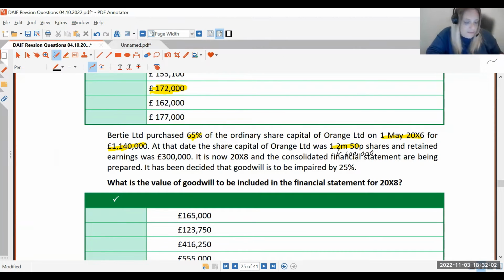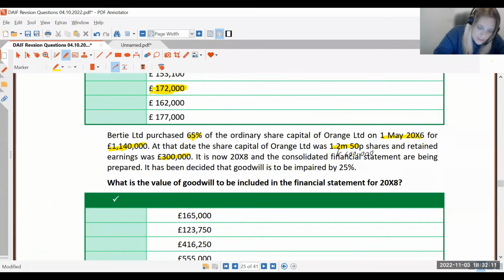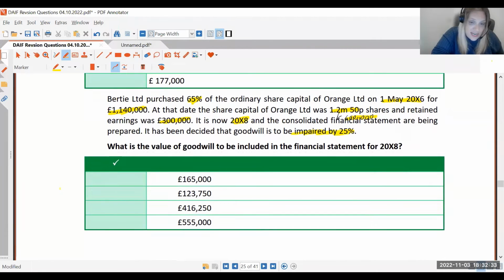I apologise. And retained earnings were £300,000. So that's £600,000 and our £300,000. It is now 2008, so it's been 2 years, and the consolidated financial statements are being prepared. It has been decided that goodwill is to be impaired by 25%. What is the value of goodwill to be included in the financial statement for 2008?